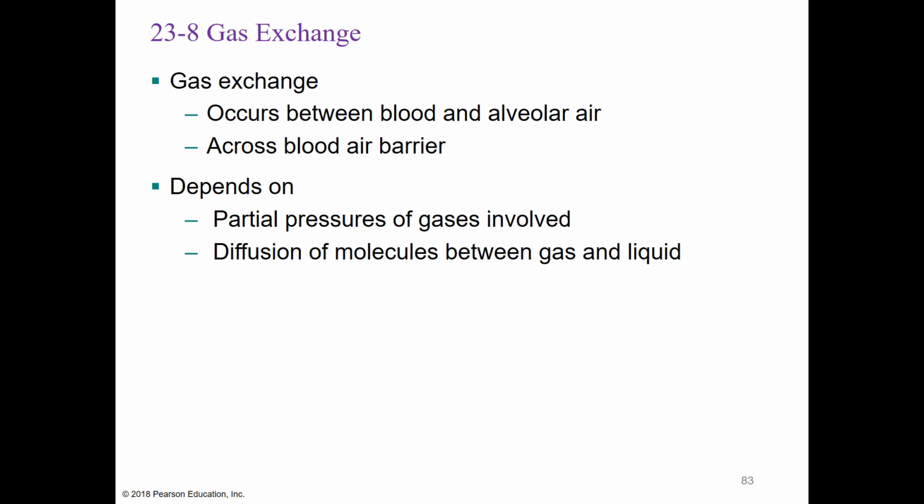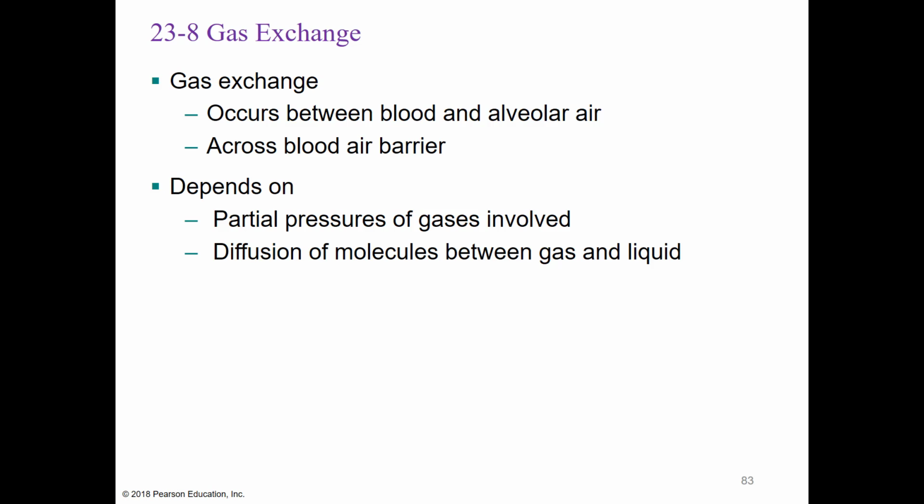But gas exchange can also depend on the partial pressure of the gases involved and the diffusion of molecules between gas and liquid. So partial pressure we're going to cover a little bit more. But reminder that partial pressure is the pressure of one gas in a mixture of gases.